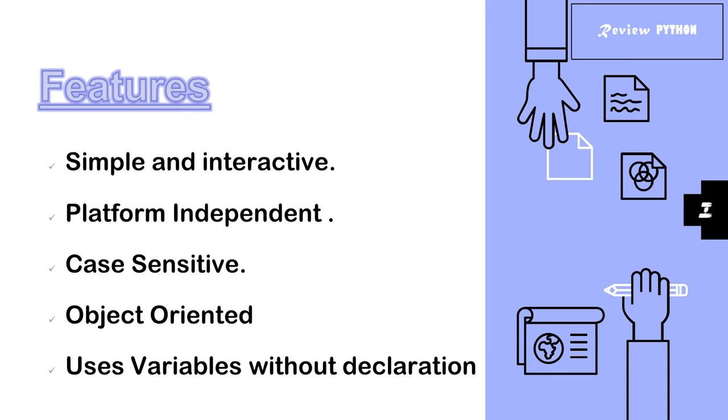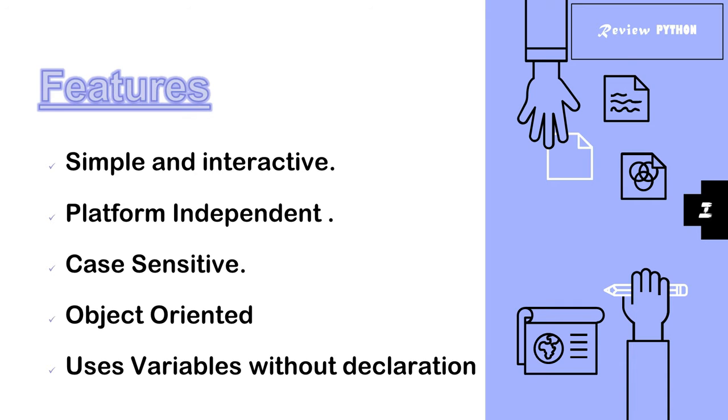So which makes it widely acceptable. Third thing is it is case sensitive. Now the HTML that we studied earlier was not case sensitive. The tags and the attributes that we used to write in it could be in either uppercase or lowercase. It doesn't make a difference, but now it will make a difference here in Python.